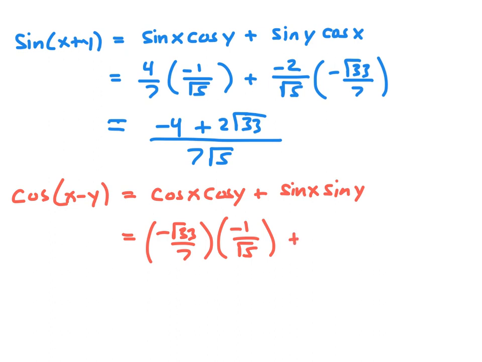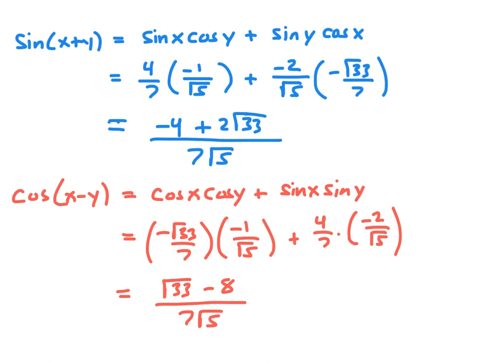The sine of x is 4 sevenths. And the sine of y is negative 2 over square root 5. Simplifying this expression, we're going to obtain positive square root 33 minus 8 all over 7 square root 5. And this is the value of the cosine of x minus y.